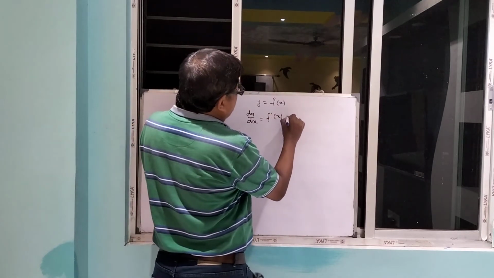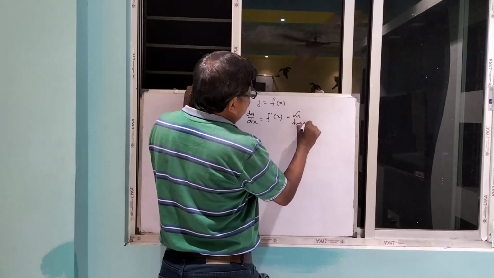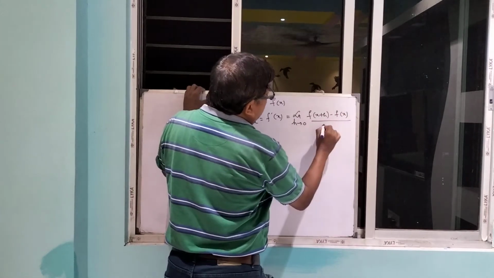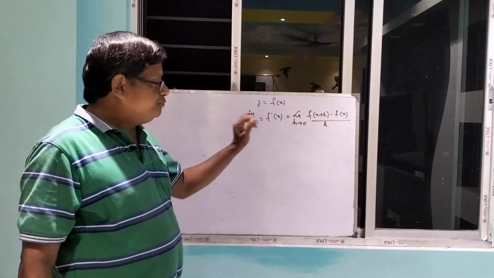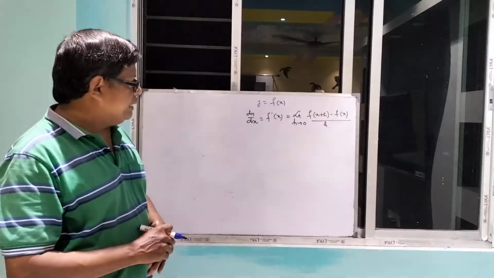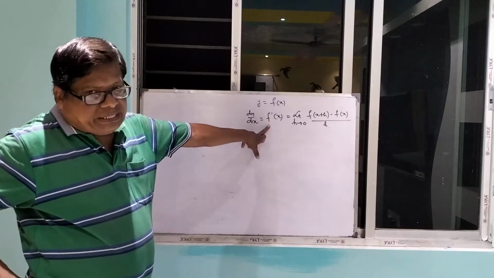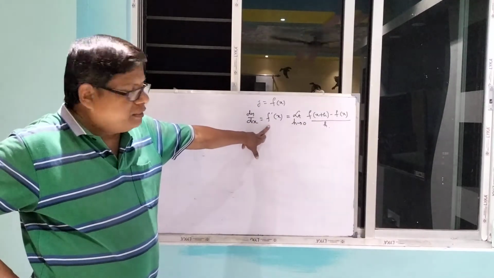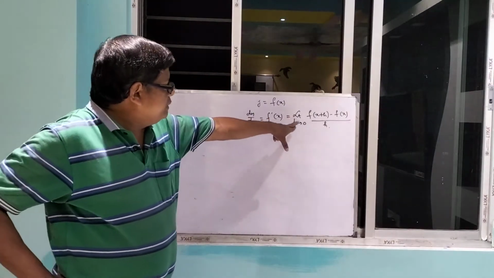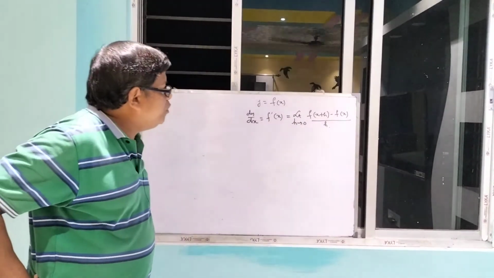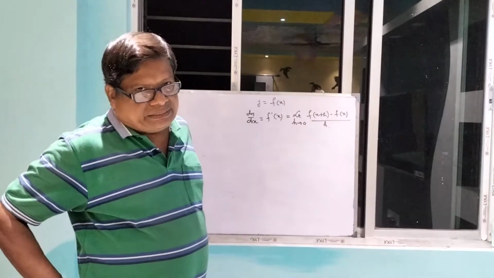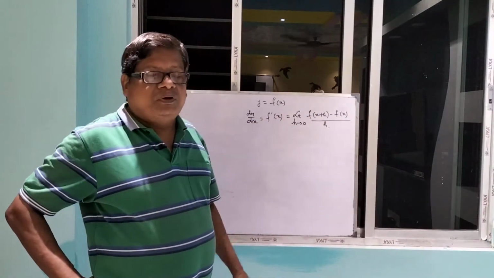So it will be limit h tends to 0, f of x plus h minus f of x by h. Okay, see here x0 is there, just consider x. So here x0 we have to consider x. So f dash x, the derivative of a function with respect to x, here dy dx, is limit h tends to 0, f of x plus h minus f of x by h. So this is the first principle of derivative.